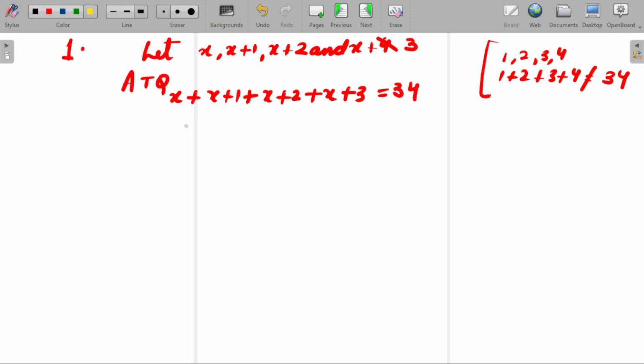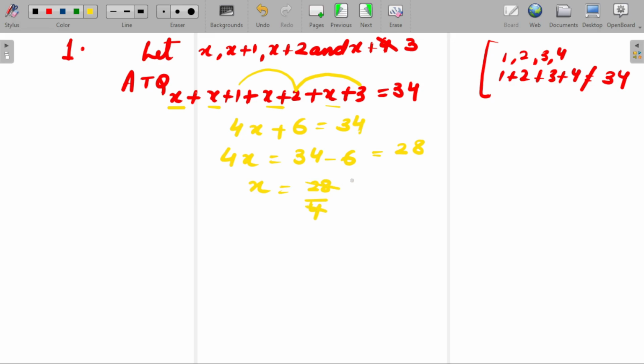Now, adding all the x terms, 1, 2, 3, 4, 4x are here, so it will be 4x plus 1 plus 2 plus 3, which is 6. 4x plus 6 is equal to 34. 4x is equal to 34 minus 6. So when we subtract, we get 28. So x will be 28 by 4. By cutting, you will get 7.